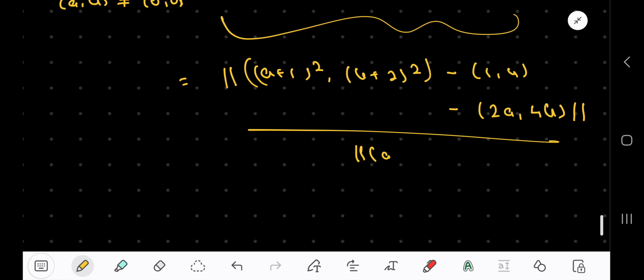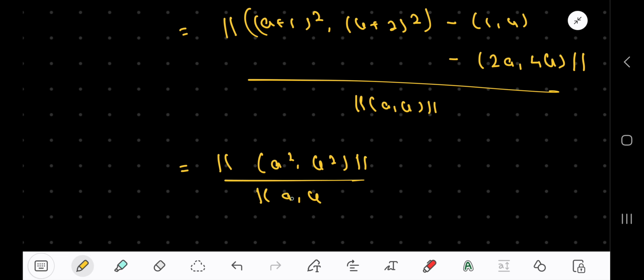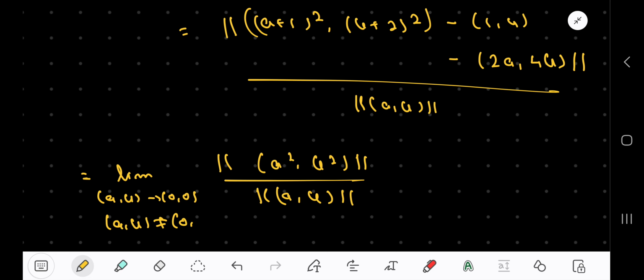So what does this evaluate to? If I expand out the a squared, b squared parts, the constants will cancel out, the 2a and 4b will cancel out, so I will be left with a squared plus b squared by the norm of (a,b). And all of this is happening when (a,b) tends to the origin and (a,b) is not exactly equal to the origin.